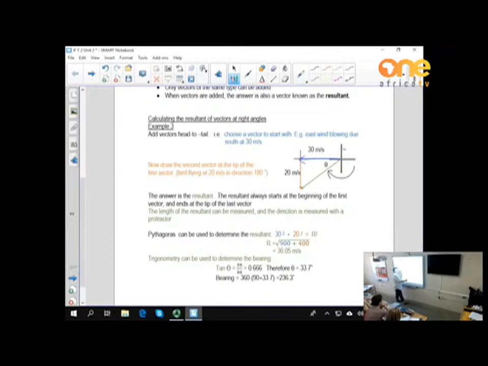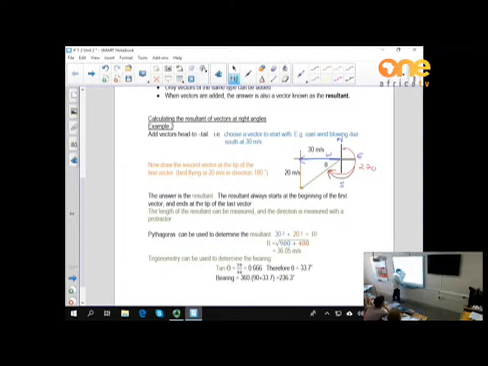Remember, the top of the page is north, the bottom is south, the left is west, the right is east. So we can say 30 meters per second west, or 90 degrees west of north, or 270 degrees. Who's not with me on the 270 degrees? Remember, we said the bearing? That would be 270 degrees.